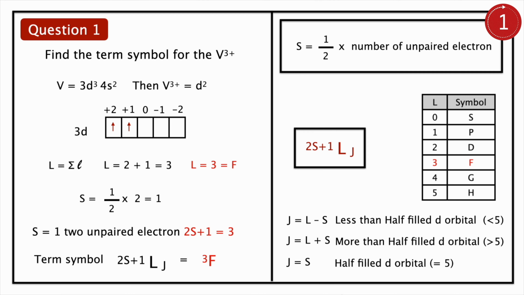So it becomes a d2 configuration. 3d2 means 2 unpaired electrons. So S will be 1, and 2S plus 1 will be 3. L will be the sum of plus 2 plus 1, which gives 3. So L equals 3, which means F. The term symbol is 2S plus 1, L. Here J is not given as a choice, so the answer will be 2S plus 1, L. So 3F is our answer.